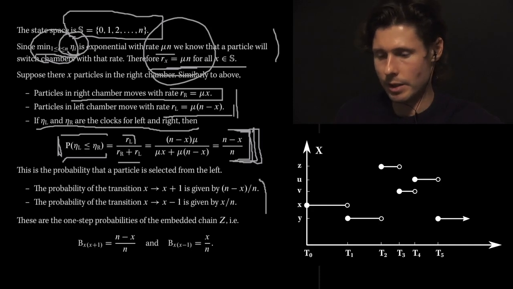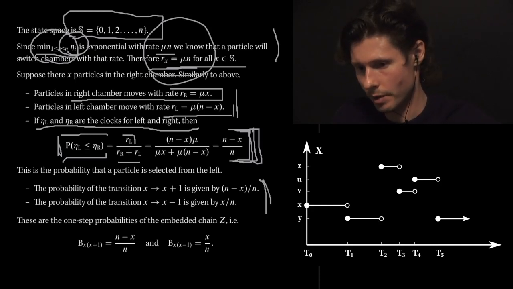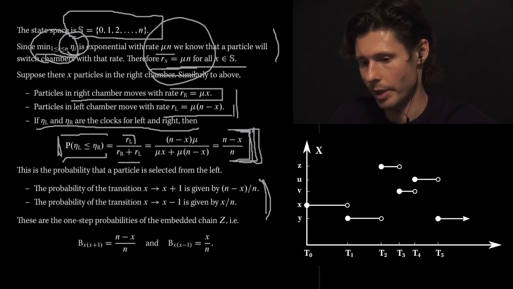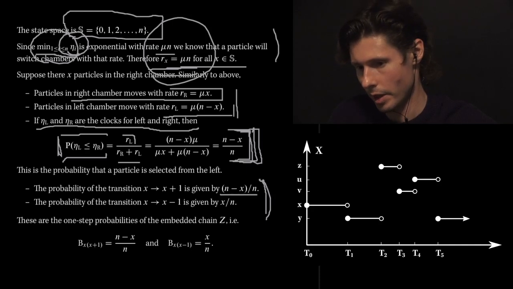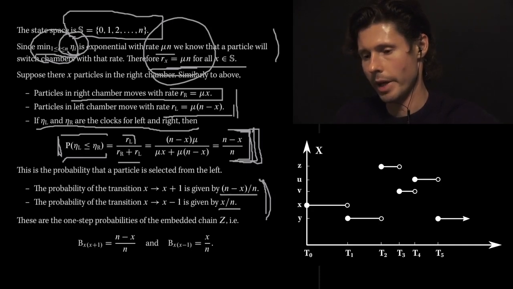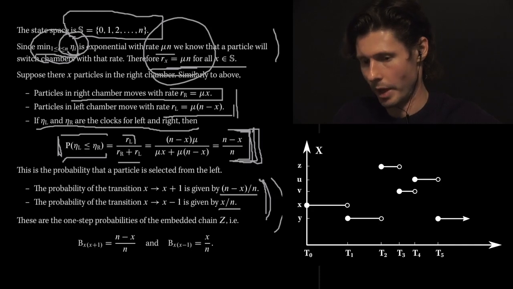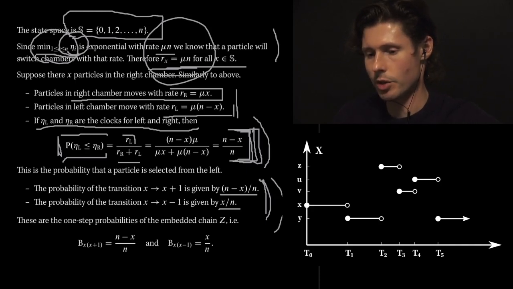Then some event is going to occur, and there are two types. One is we gain a particle, and that's going to happen with embedded chain probability n minus x over n, right here. And the other one is we lose a particle, and that's going to happen with probability x over n. And these were not determined outright. These were deduced based on properties of these exponential clocks.